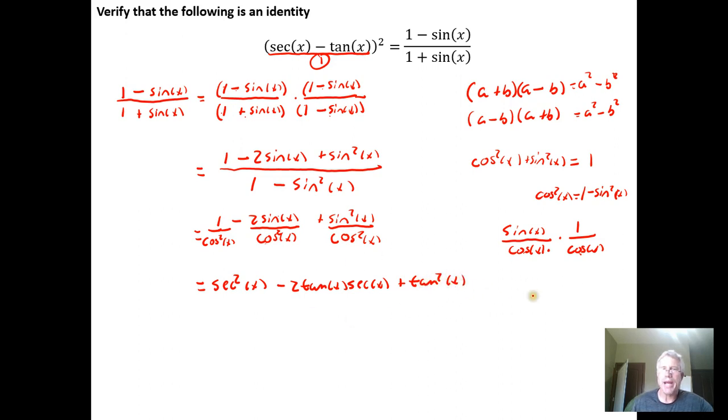And then what I want to recognize is the form that I have here. Here I have a y squared form. I have a y being squared minus 2. So if secant is a y, I'm going to let tangent play the role of an x. So this is a y squared minus 2xy plus x squared form. Something squared minus 2 times that same thing times another thing.